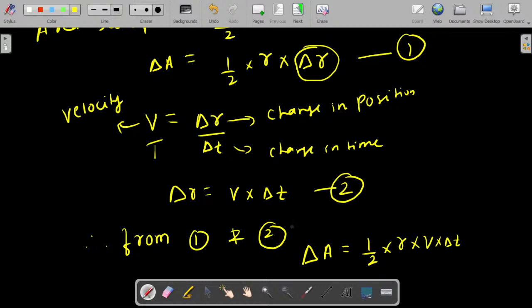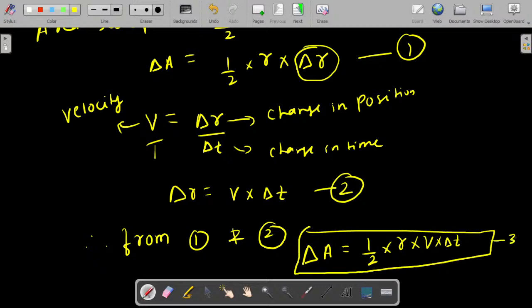This is equation number 3. You make a box.